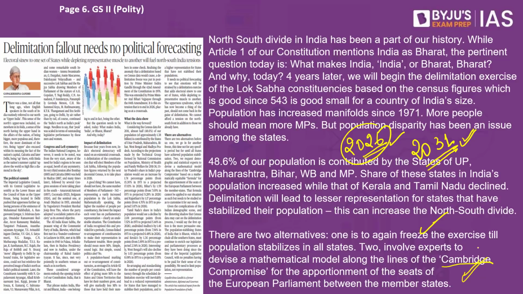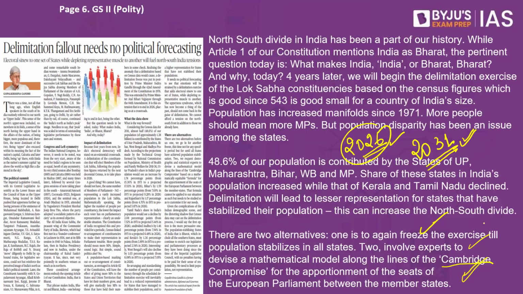They have come out with a formula called the Cambridge Compromise. In simple terms, what happens in Cambridge Compromise is that a certain minimum number of seats are given to each and every country. So even the smallest country has a certain fixed number of seats given to it. The remaining seats are then divided on the basis of the population.